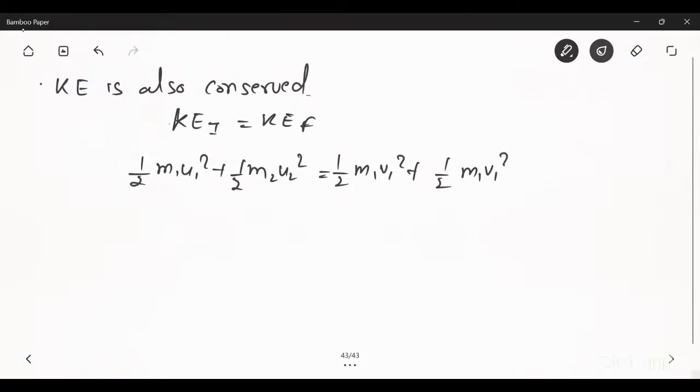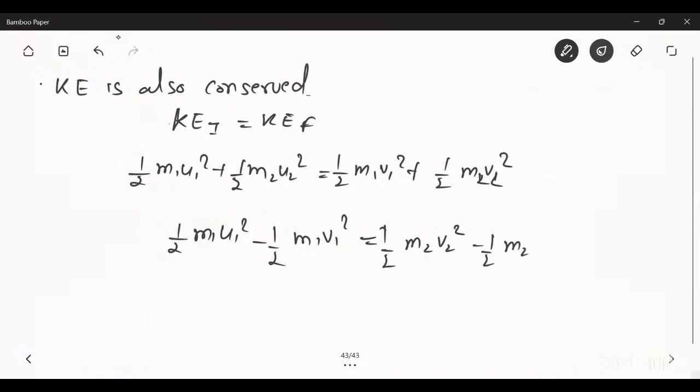Now take the common terms to one side: half m1 u1 square minus half m1 v1 square equals half m2 v2 square minus half m2 u2 square.